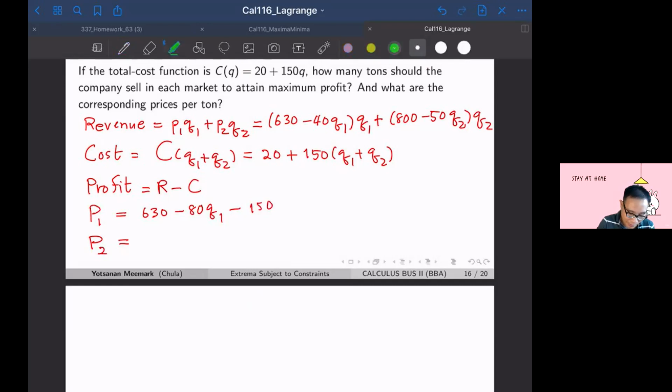Let me make the reading easier by highlighting the variable a little bit. So you have your Q1, you have your Q2, and the next one you get 800 minus 100 Q2 minus 150 equal to 0.